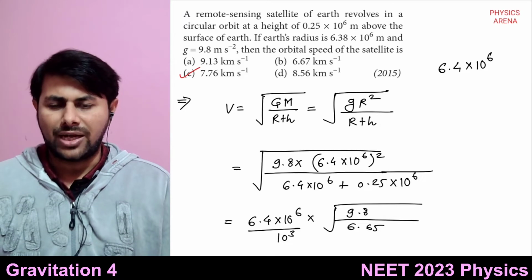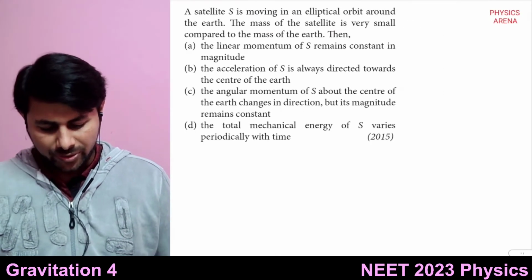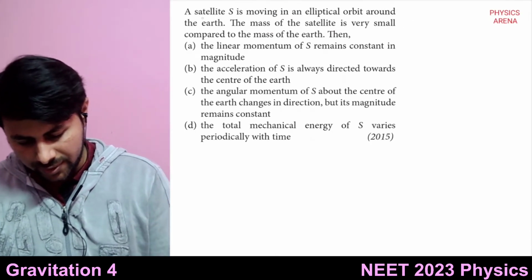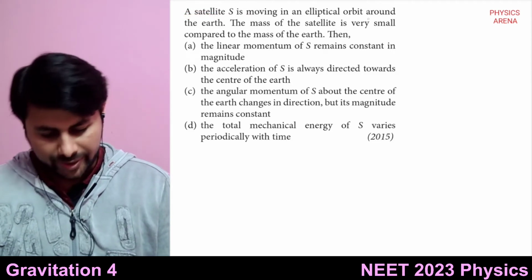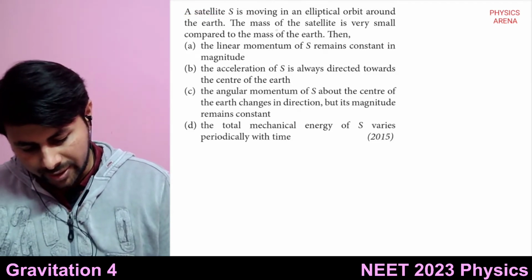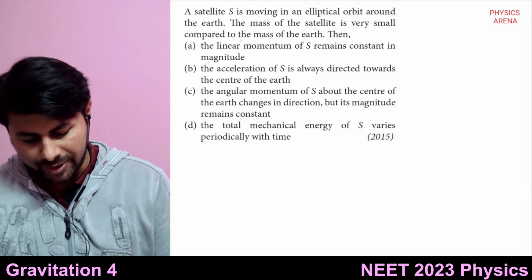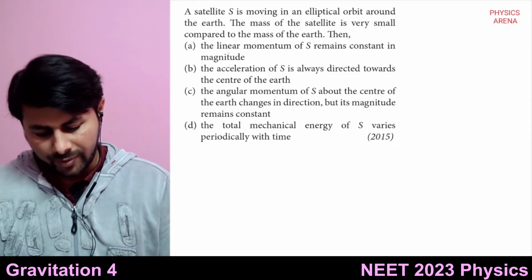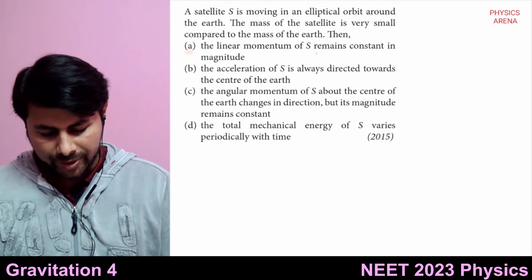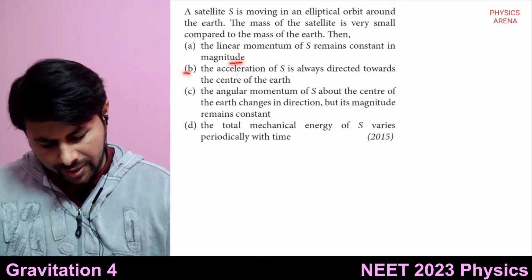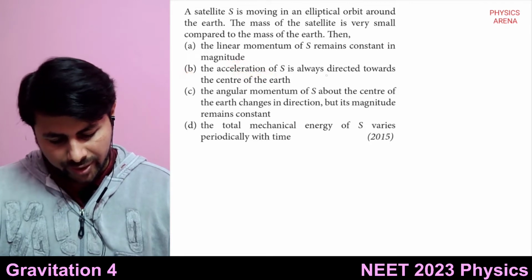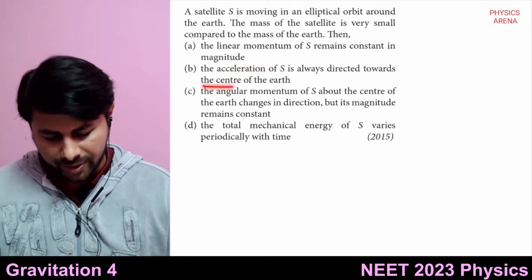Can you check? So let's move on to the next question. Satellite S is moving in an elliptical orbit around the Earth. The mass of the satellite is very small compared to the mass of Earth. Then A, the linear momentum of S remains constant in magnitude. B, the acceleration of S is always directed towards the center of Earth.